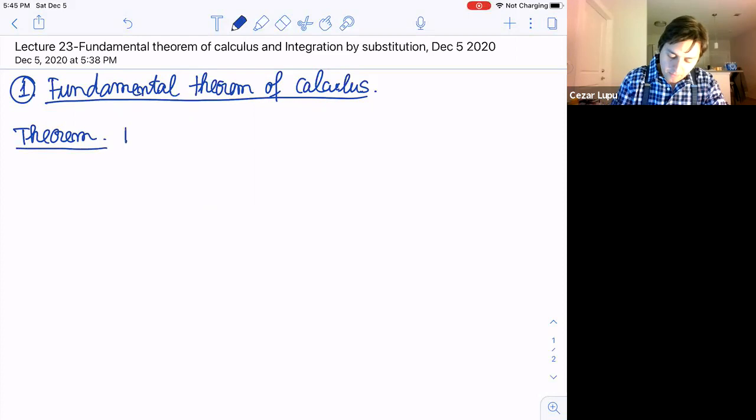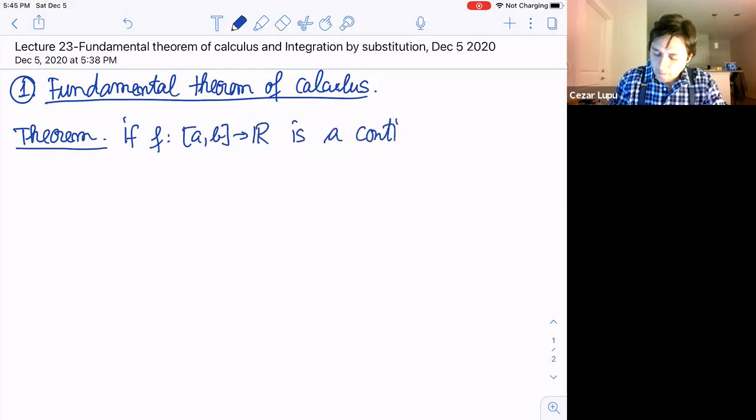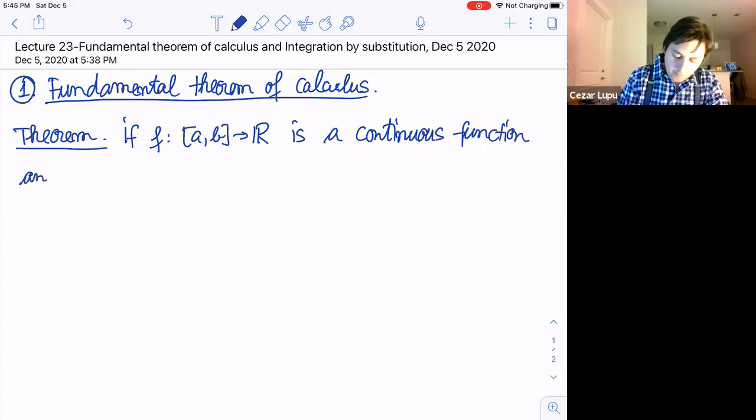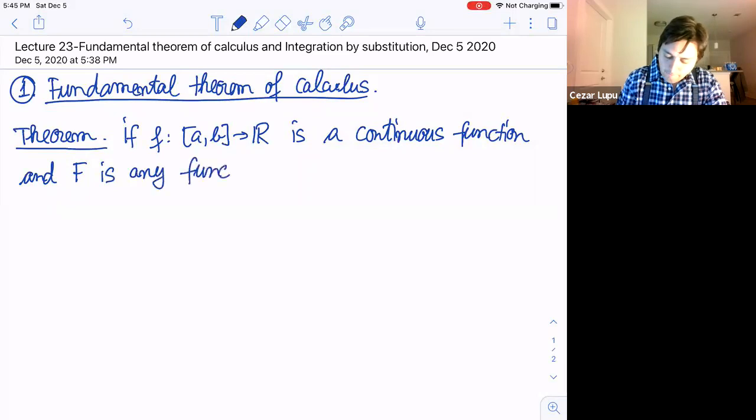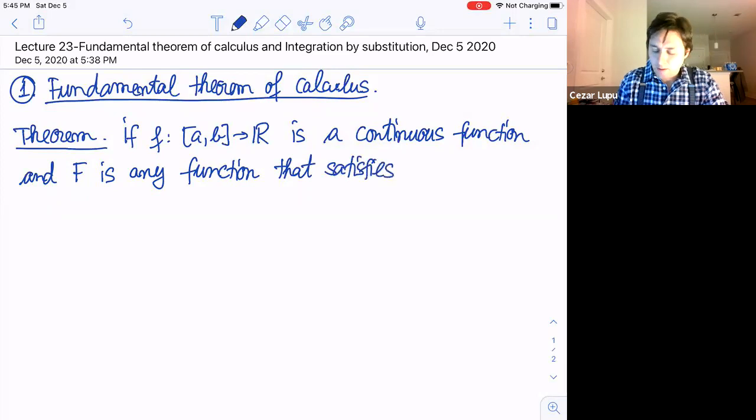So if f is defined on a closed interval [a, b] and is a continuous function, and capital F is any function that satisfies F prime of x equals f of x, so it is the antiderivative, right?